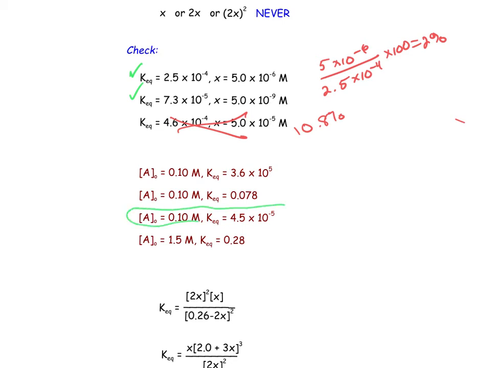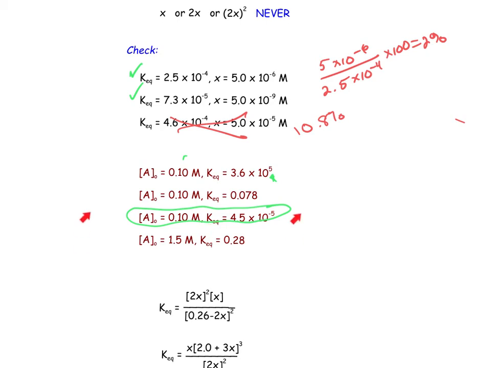In the first case, we can't have the equilibrium constant be bigger than the initial molarity. The whole point is that the equilibrium constant has to be smaller. And for these two, yes, the equilibrium constant is smaller than the initial, but not by that much. So the only one that would let us use the simplification is this third sample.